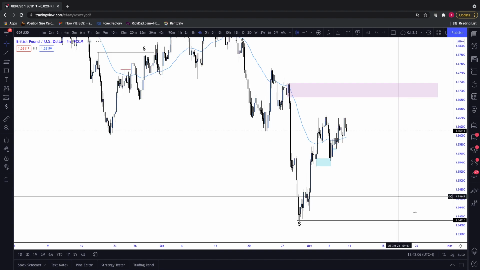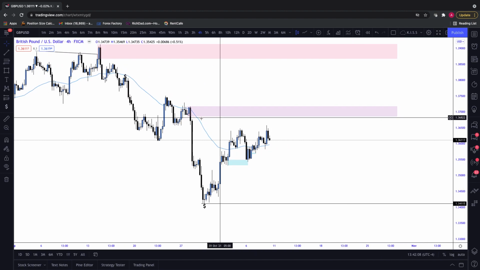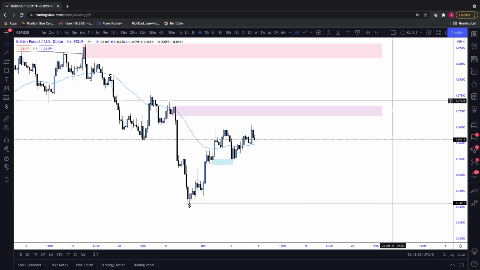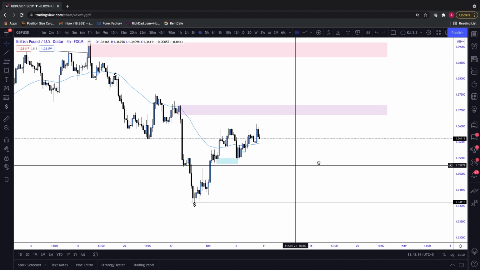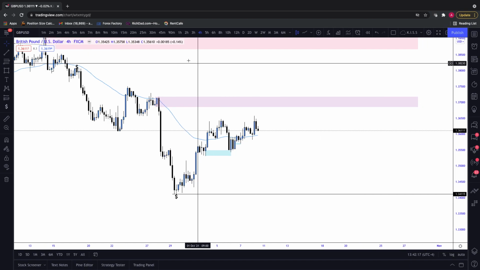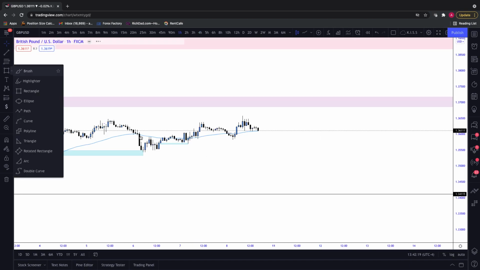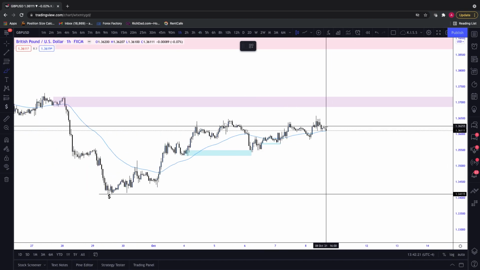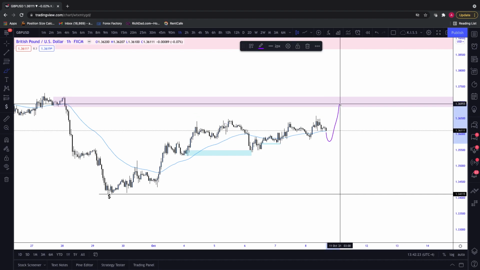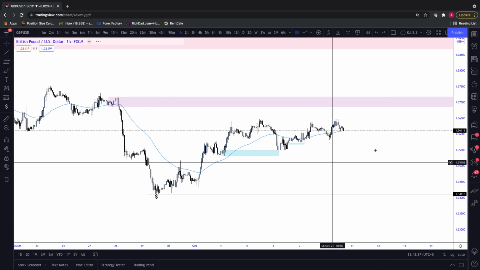All right, so naturally I'm looking at this level here, this last up close before this massive sell-off, around 1.3700 as my first POI, and that would align nicely with obviously Euro USD having one more leg to the upside before the leg to the downside, a higher time frame.